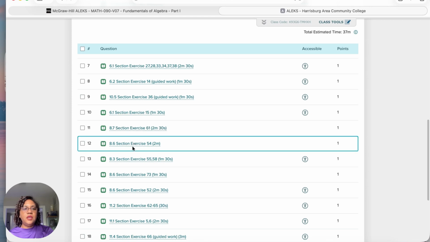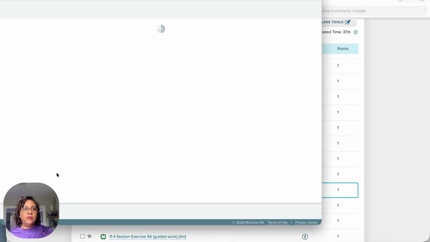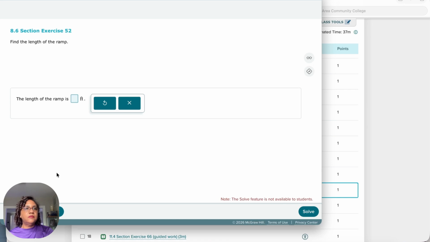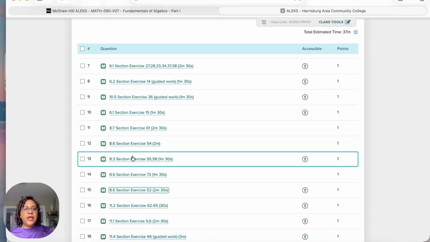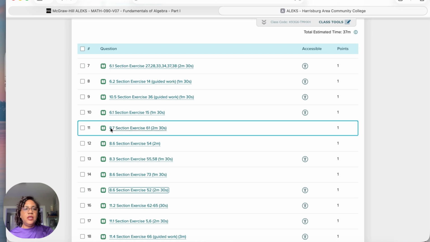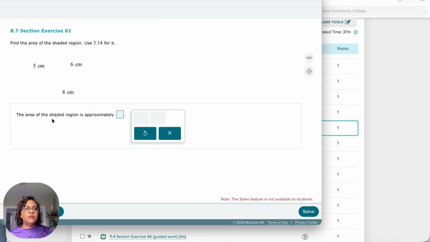So this 6.1. Let's look at 8.6. Oh, Pythagorean theorem. You should have no problem with that. So then we have, I think I already looked at 8.3, 8.7. Find the area of the shaded region.